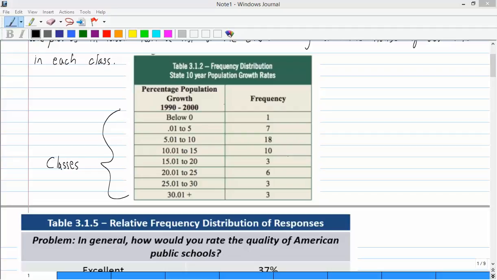Alright, and there's actually a formula that we can use to figure out the class width. Alright, so let me give you that formula.